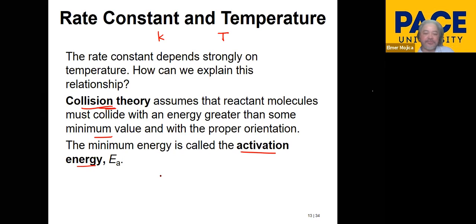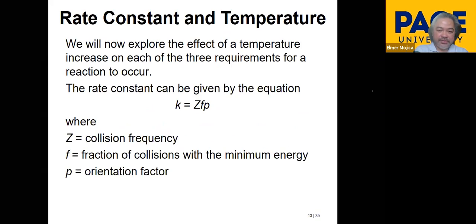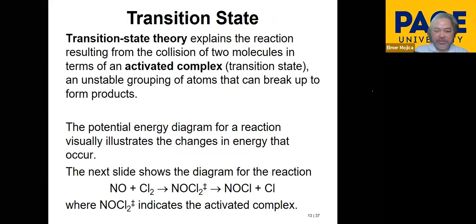For a reaction to form, the collision should be enough to overcome the activation energy. So activation energy is the minimum amount of energy required to initiate a chemical reaction.